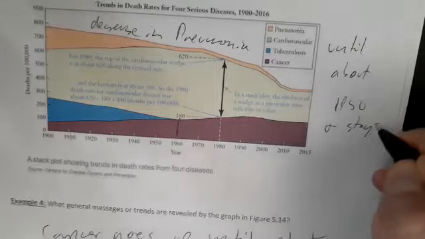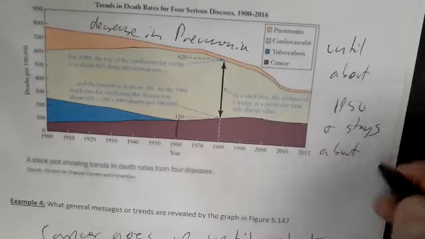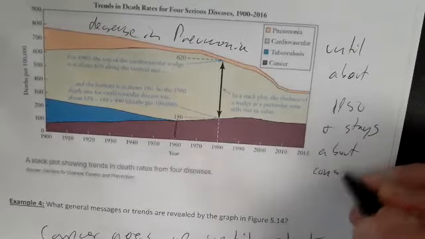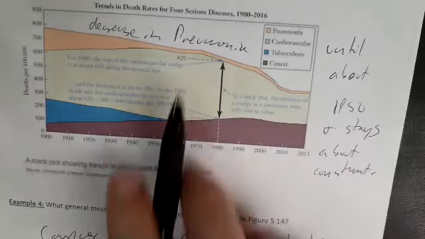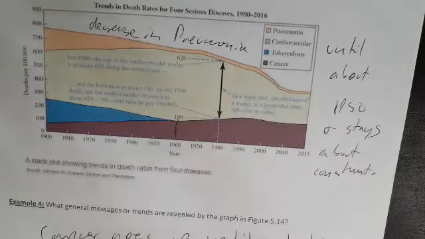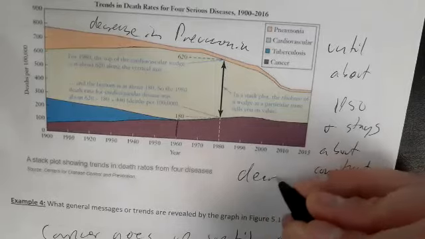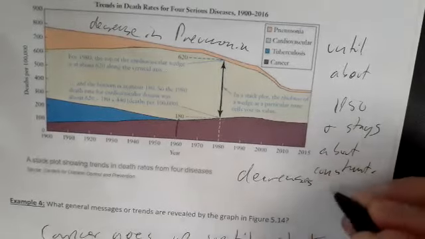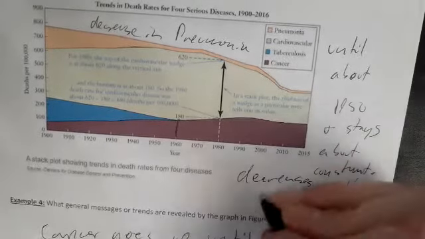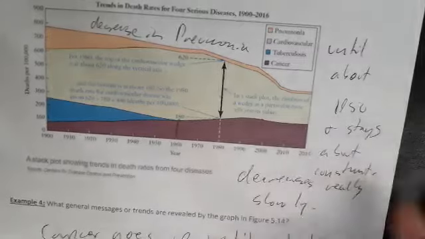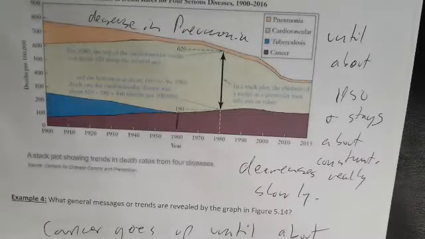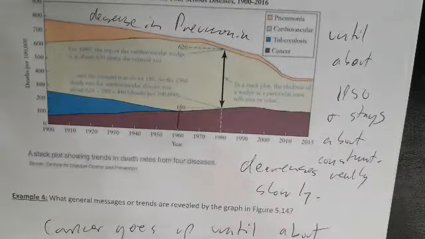And it stays about constant. Maybe you would want to say it decreases really slowly. It does look like it's getting smaller, but not at quite as radical a rate as that other one.